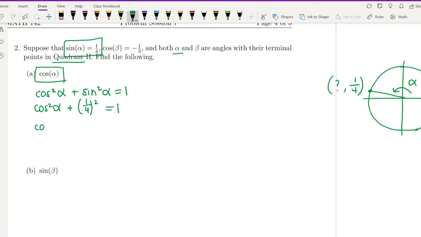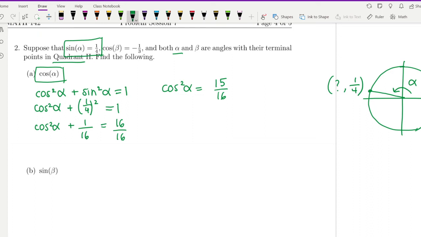And so we have cosine squared of alpha plus 1/16 is equal to 1. Let's rewrite 1 as 16/16. Then we get cosine squared of alpha is equal to, if we subtract 1/16 from both sides, 15/16.